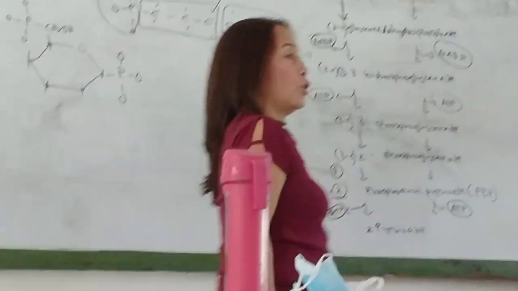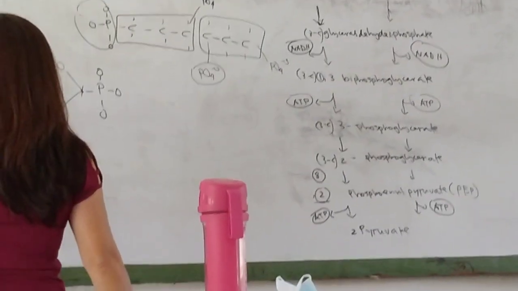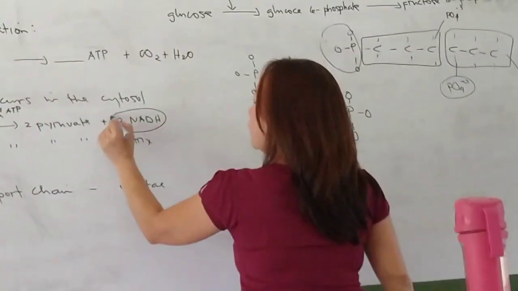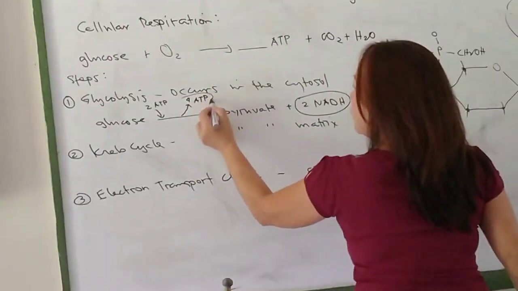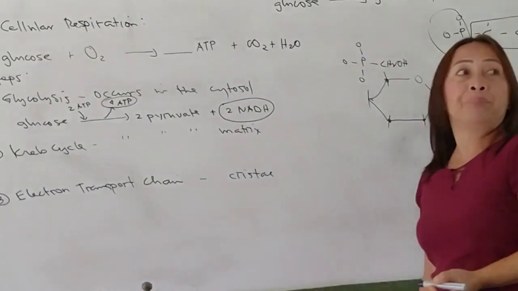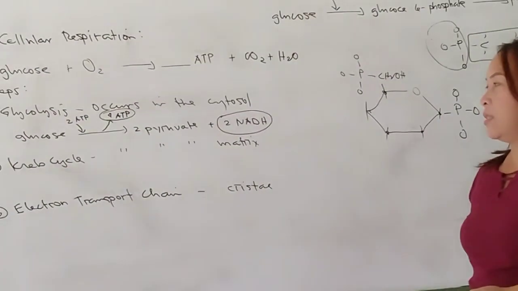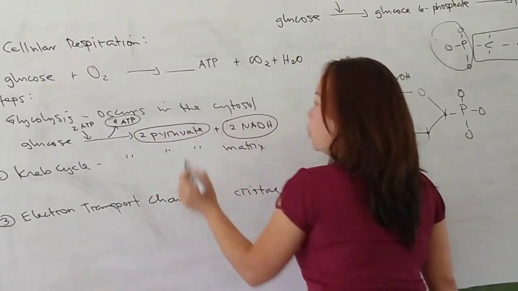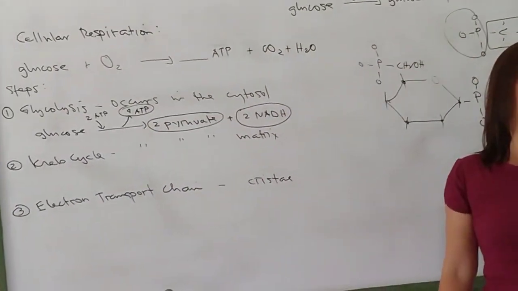So two NADH are released, so take note of that. These are end products of glycolysis, and of course, 2 molecules of pyruvate.